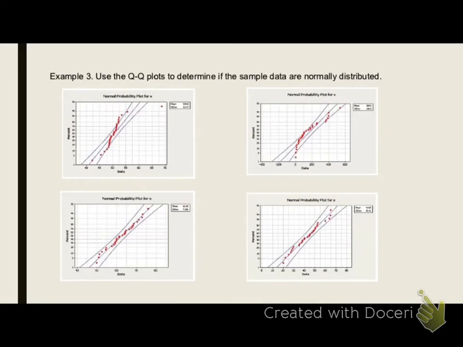Okay, next one. Let's look at these 4 graphs. What do you think about the top left hand? No. The bottom right kind of does that. So I'm going to say not linear, not normal. What about top right?